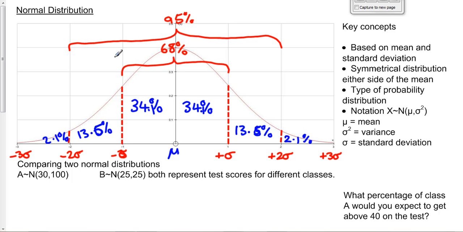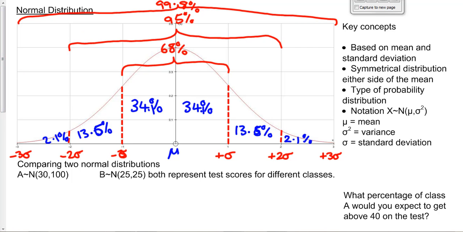And then finally, between 3 standard deviations above and below, you're expected to get 99.8%. And those are the numbers you'd need to know for your GCSE stats questions, and we'll look at those in a moment. What I want to do next is just have a look at a couple of distributions.